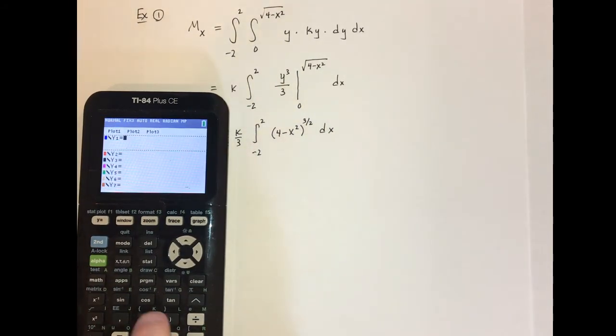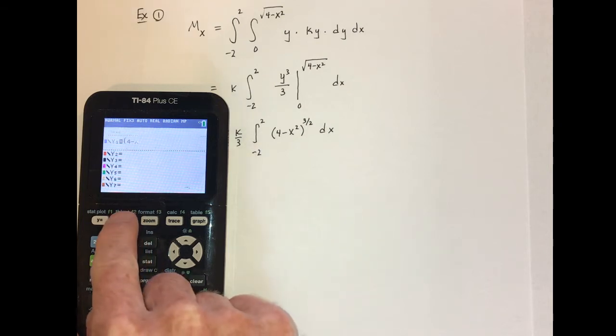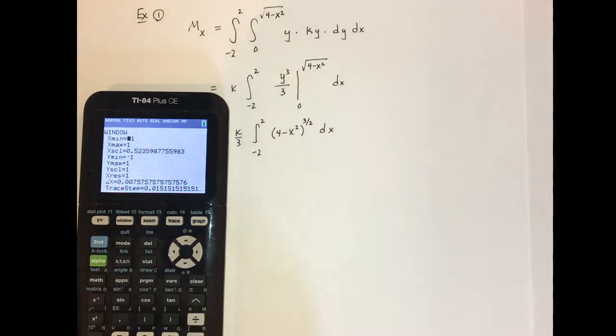So first of all, pretend like you're going to graph it. 4 minus x squared is raised to the 3/2. And the window needs to go at least from -2 to 2. I'll have it go -3 to 3. And then the y value, I don't know, so I'm going to put -10 to 10. And the graph looks like a bell-shaped curve.